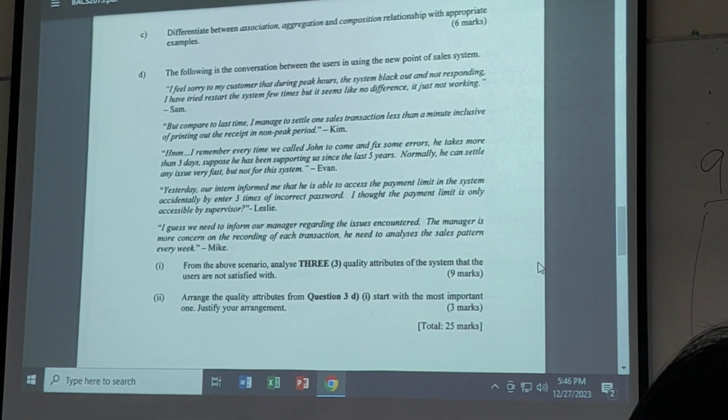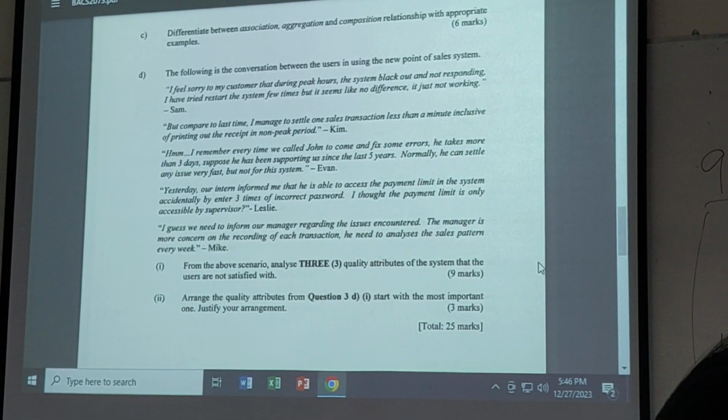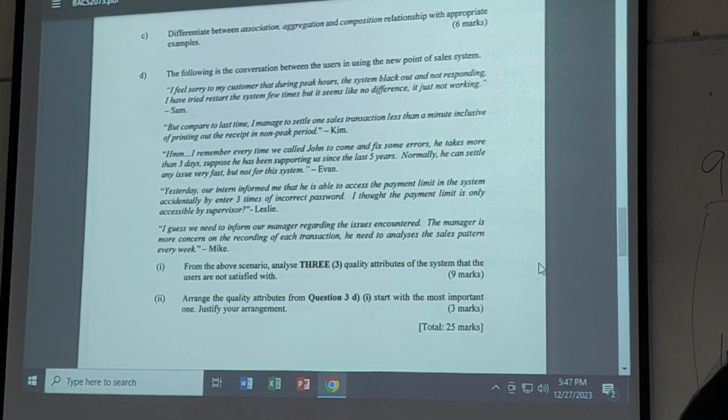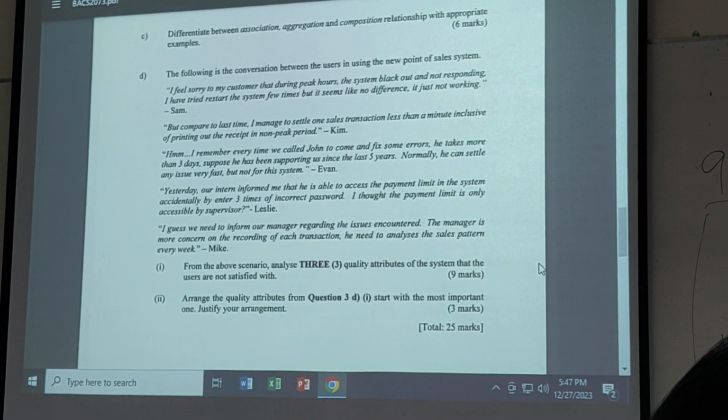Year 1, Sem 1. Oh, my math is very easy. I don't know. I still cannot figure out why.